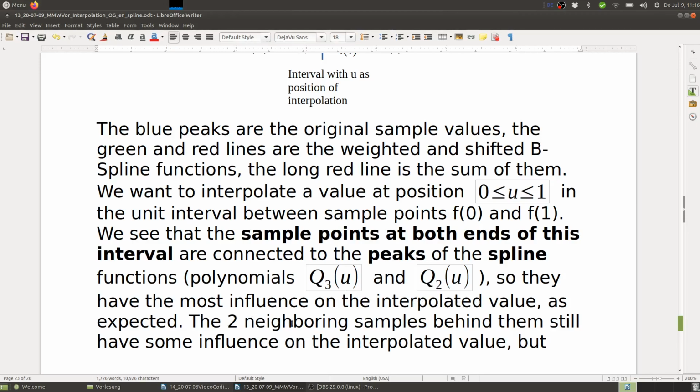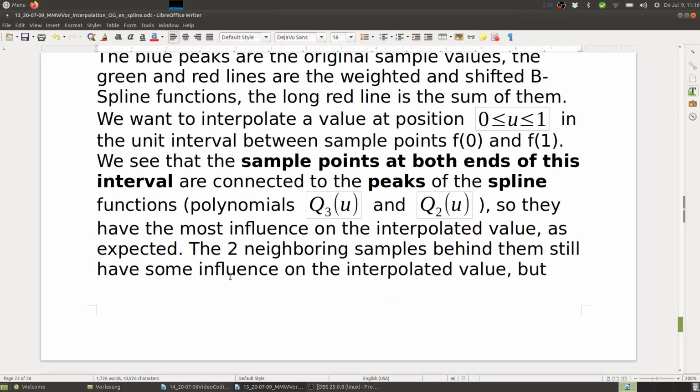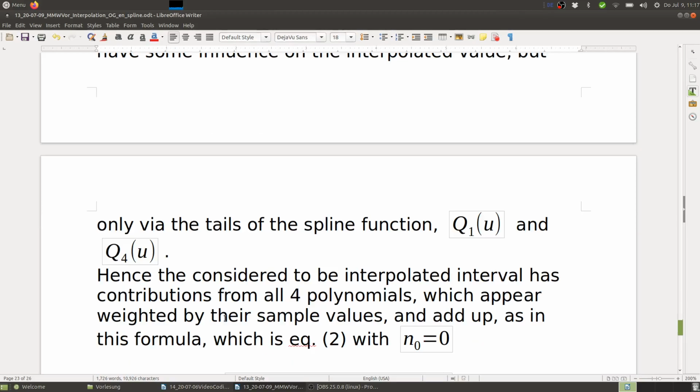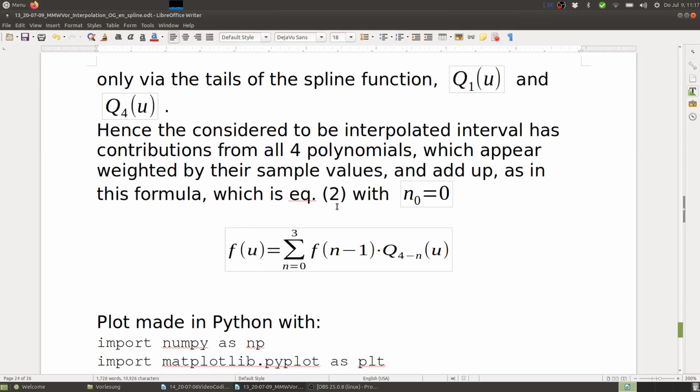The 2 neighboring samples behind them still have some influence on the interpolated value, but only via the tails of the spline functions of q1 and q4. Hence, the interval to be interpolated has contributions from all 4 polynomials, which appear weighted by their sample values and add up, as in this formula, which is equation 2 with n naught equals 0.